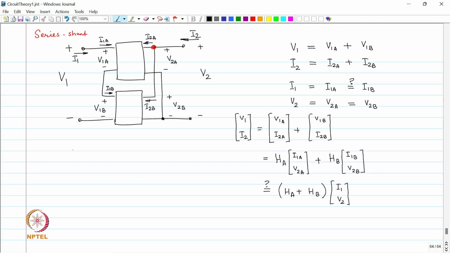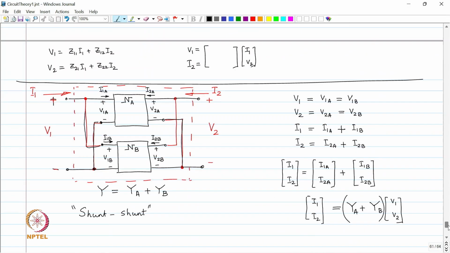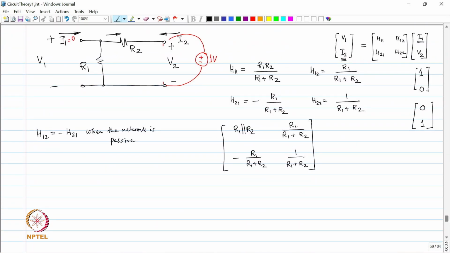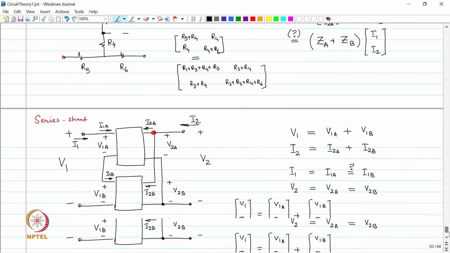So, for example, this one we found the H parameters. Just now we had found the H parameters for this network a little while back. Where? Right here. Oh, we found the other way around. Never mind.